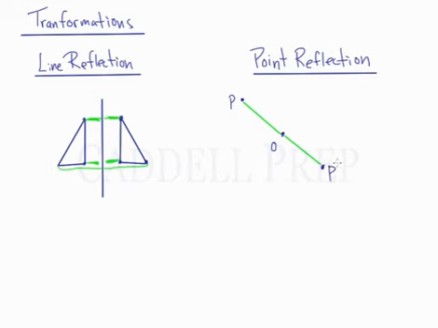We'll call this P prime. So going back to this line reflection, if this was triangle A, B, C, the image here would be A prime. This point would end up here, so this would be C prime, and this point B would end up over here, so that would be B prime.